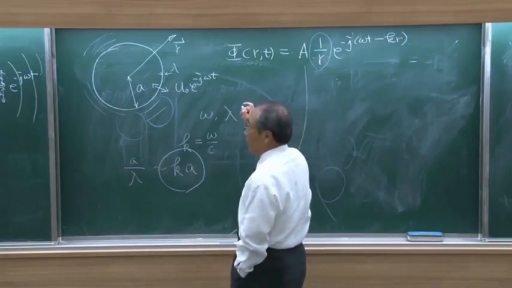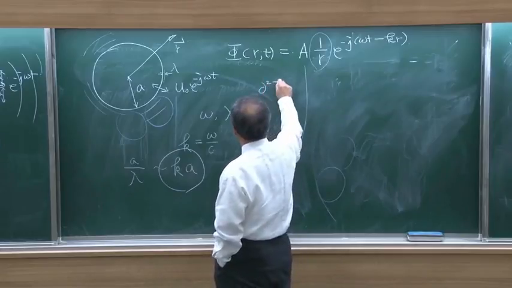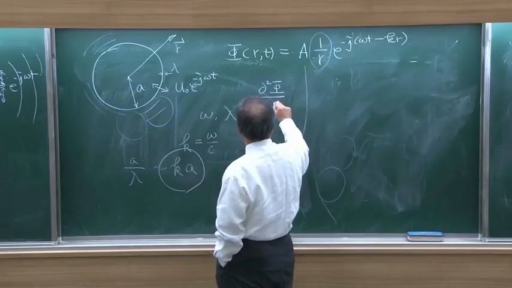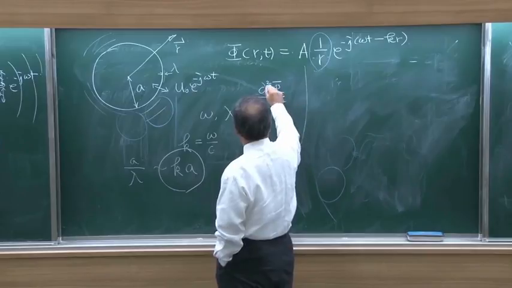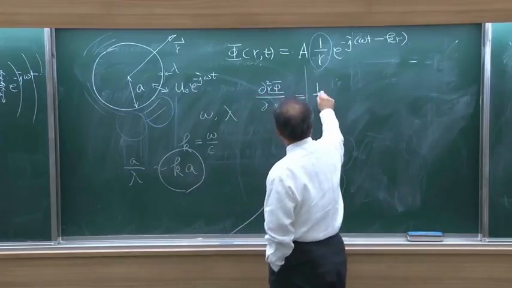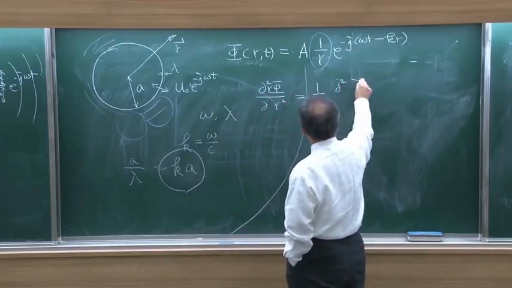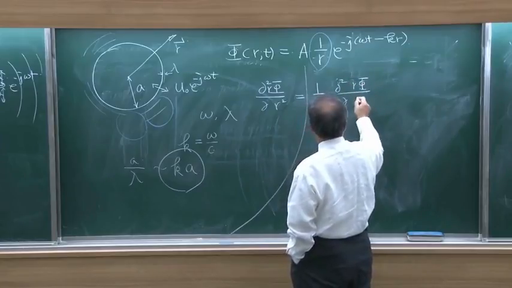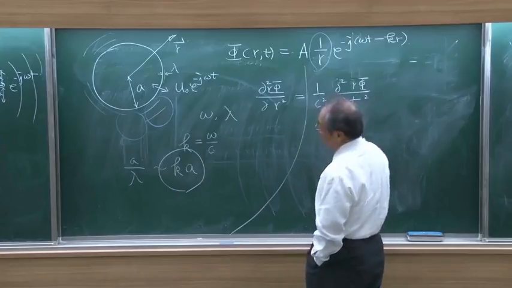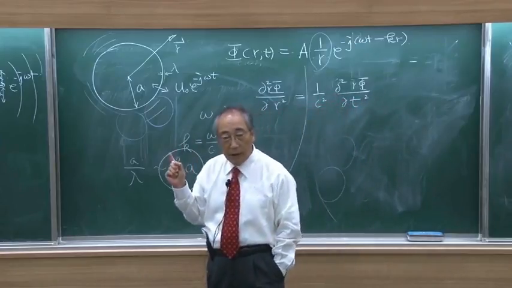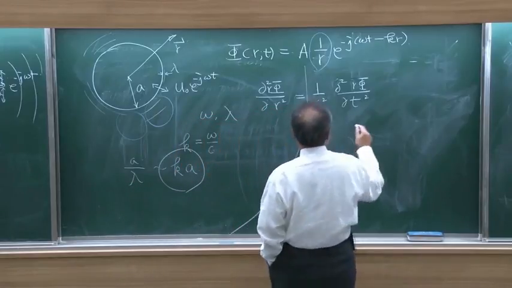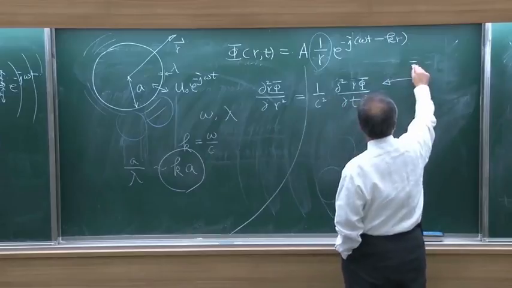First, theoretically, this velocity potential function satisfies this governing equation, which you can derive from the general governing equation.